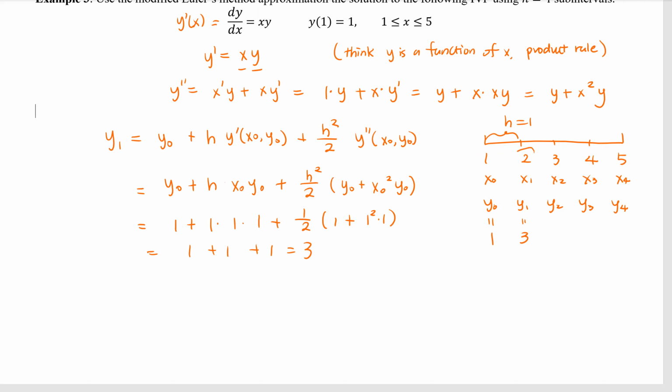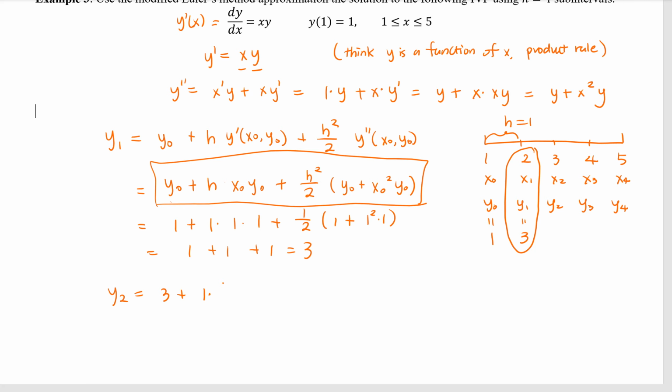Next, we're going to use the point x1, y1 to get y2. So that's the y value of that point, which is 3, plus h is 1. And then the x, we plug in here, but with x0 we replace x0 by x1, which is 2, and we replace y0 by y1, which is 3. So we have 2 times 3 plus 1 over 2. Y value is 3, x value is 2, squared times 3.